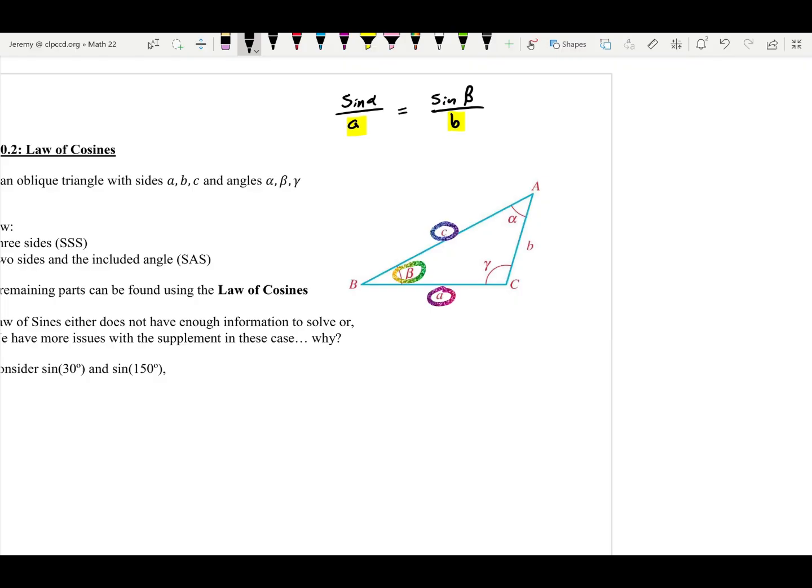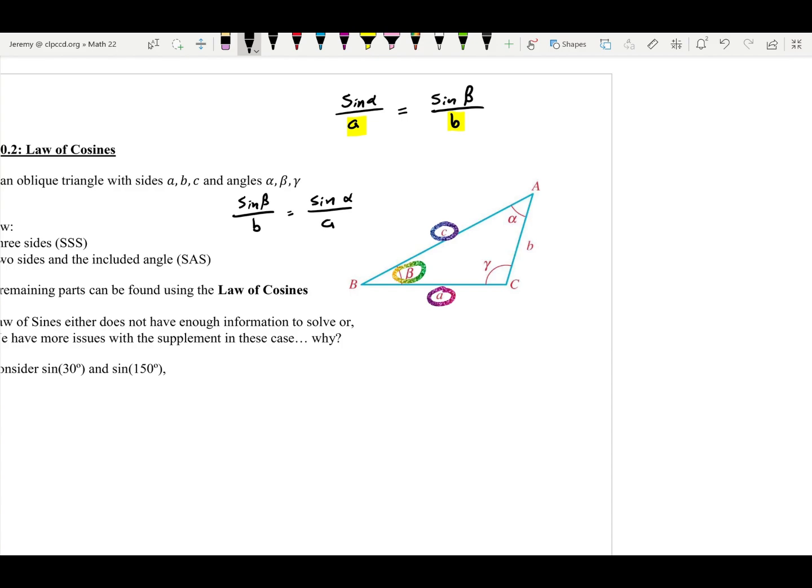Something similar, right? Maybe we would set up this: sine of beta over B, just using sine of beta naturally because that's the one angle that I have. And then how about I use sine of alpha over A, right?